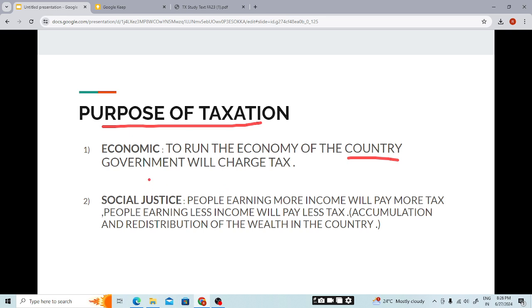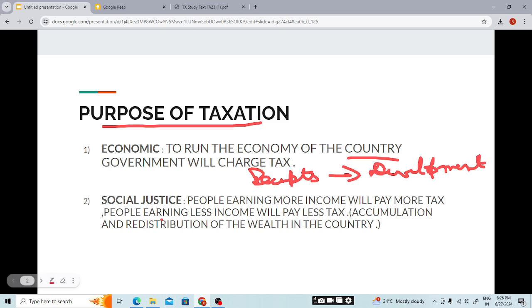So the first reason why government charges taxes is that government needs receipts as income, so that they can use them for the development of the country. And the second reason why the tax is charged is social justice. Social justice means people earning more income need to pay more tax, people earning less income need to pay less tax.